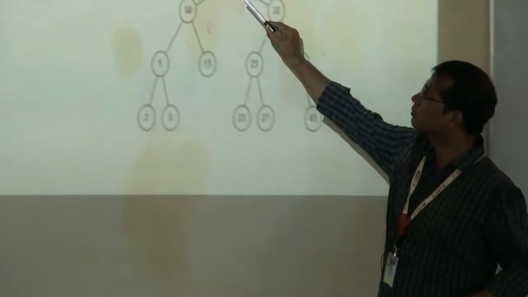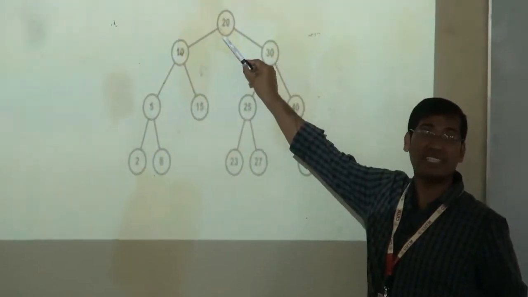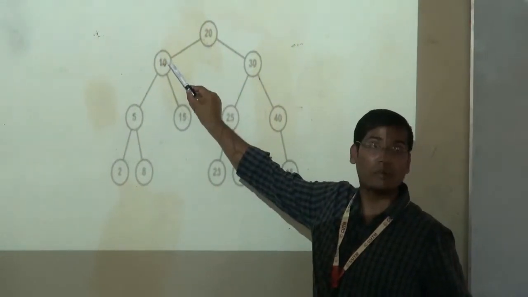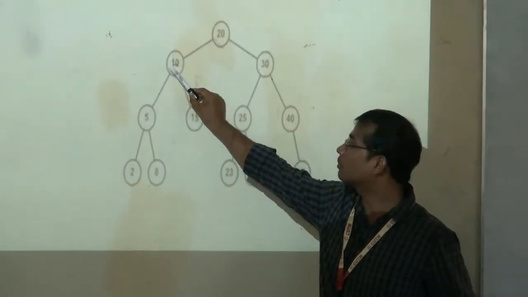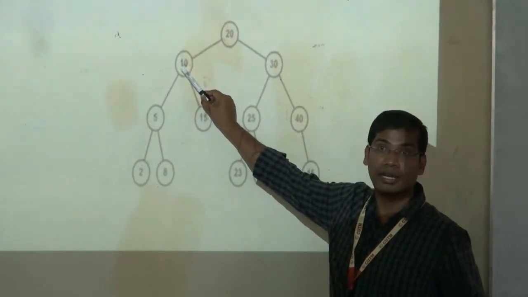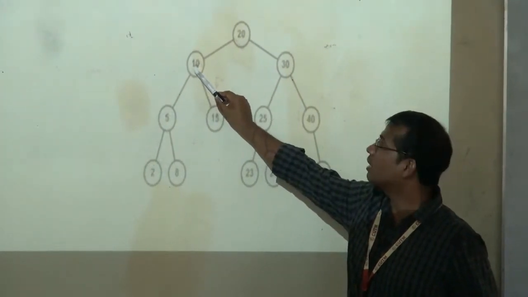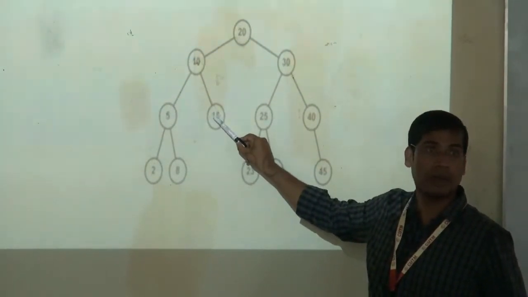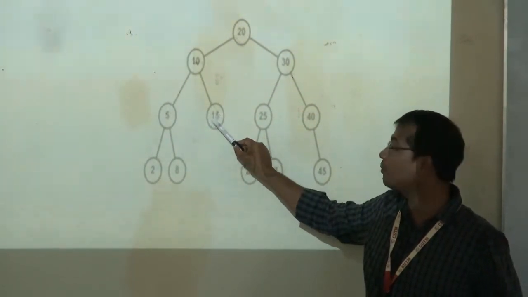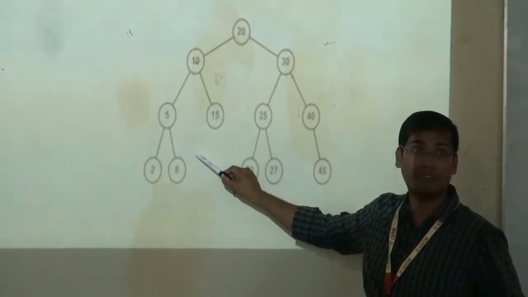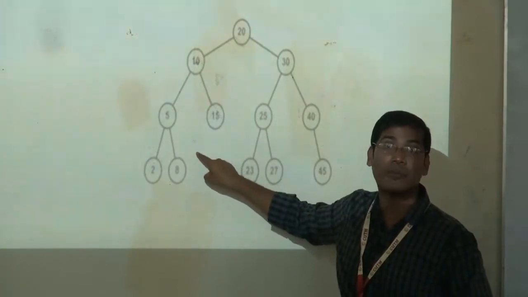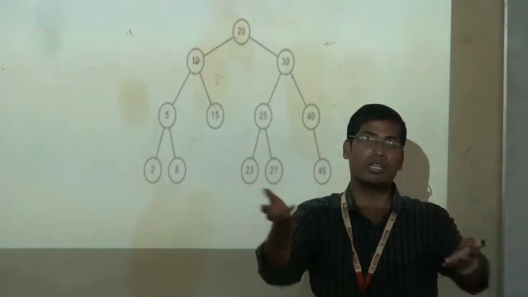Compare with 20. 12 is less, which means 12 may be present in the left subtree. Now come to 10. 12 is greater, so it may be in the right subtree of 10. 15, compare with 12. Less than, so 12 may be present at the left of 15. But the left of 15 is null. So this is the appropriate position for 12. Insert it.